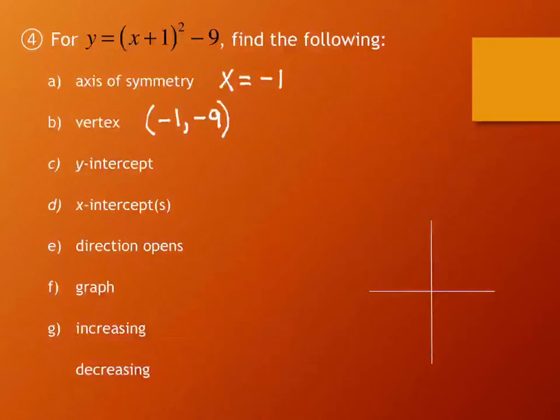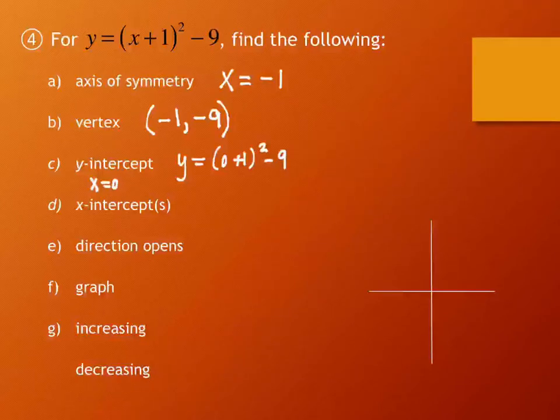Okay, so the bad news is y-intercepts and x-intercepts are found a little bit differently because it's in standard form like this. They aren't different. It's just the process looks a little bit different. So your y-intercept, again, is when x equals 0. So we would have y equals 0 plus 1 squared minus 9.